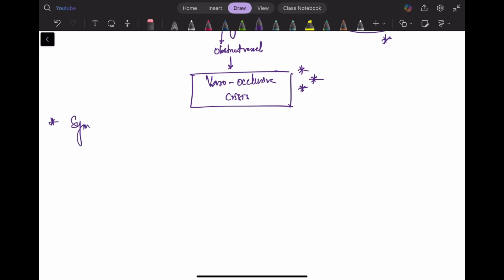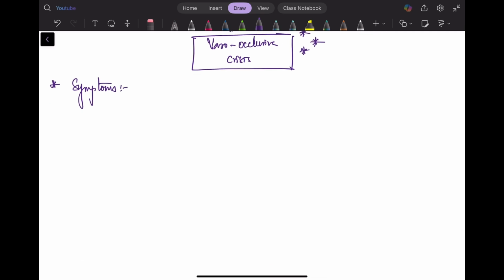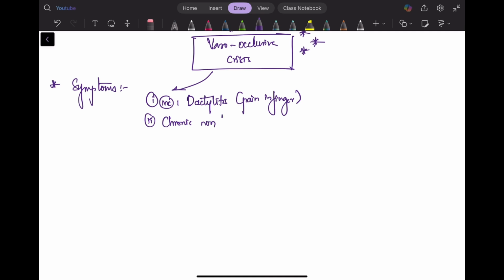Then symptoms, which are the clinical features. If we have a vaso-occlusive crisis, then what will patients show? Most commonly dactylitis, pain in the fingers. Then another one, chronic non-healing leg ulcers.